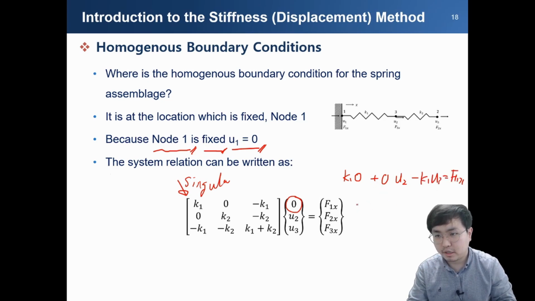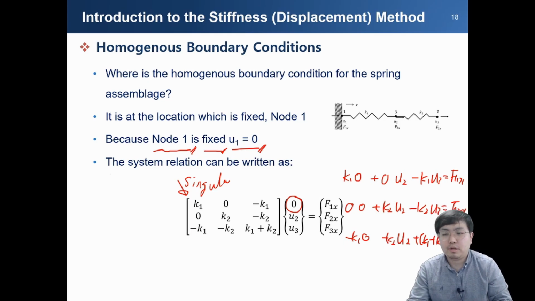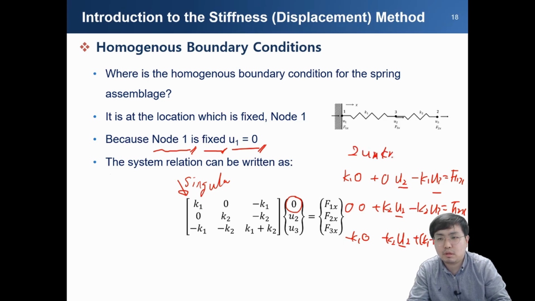The second equation: 0, plus K2 U2 minus K2 U3 equal to F2x. The third: minus K1 U1 minus K2 U2 plus (K1 plus K2) U3 equal to F3x. Here U2 and U3 are unknown variables. We have two unknown variables, which means we need two equations.